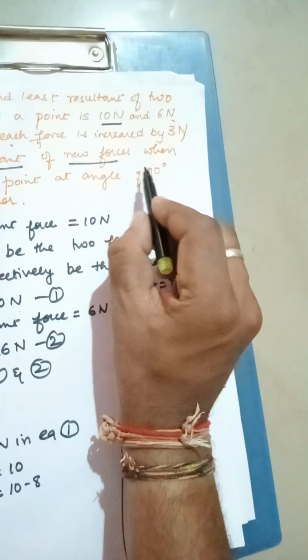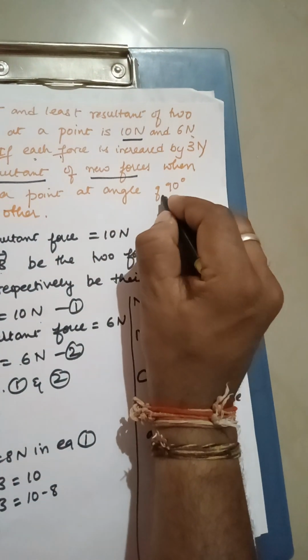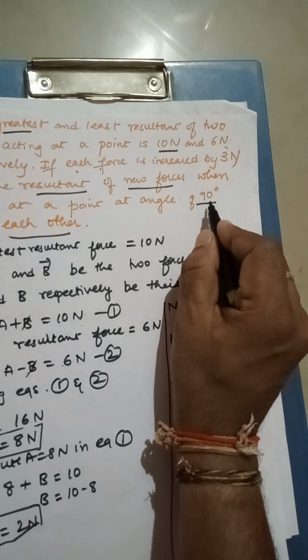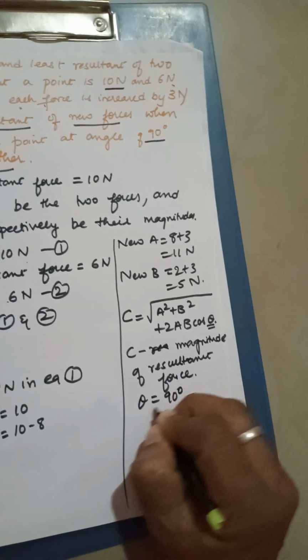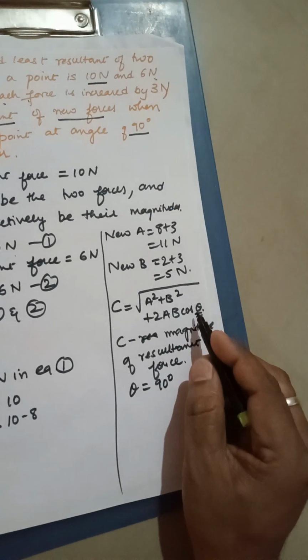They've given that the forces act at a point at an angle of 90 degrees with each other. So what is the value of theta? Theta will be equal to 90 degrees. So the angle between the two vectors is 90 degrees. We shall substitute here.